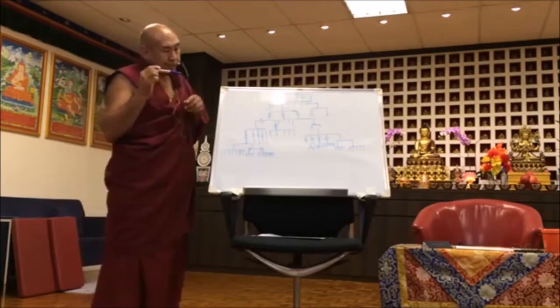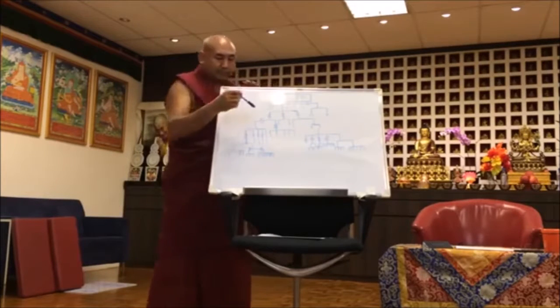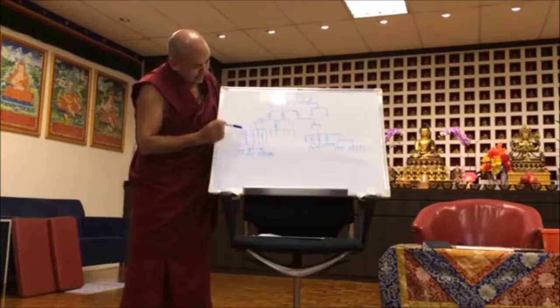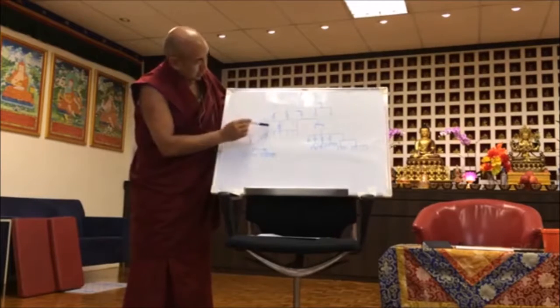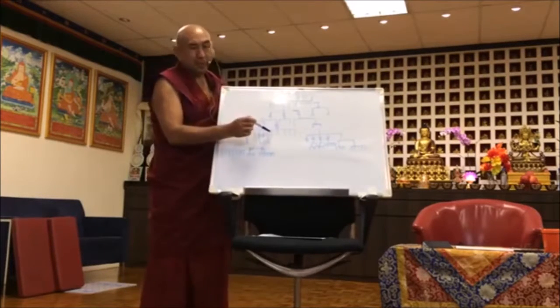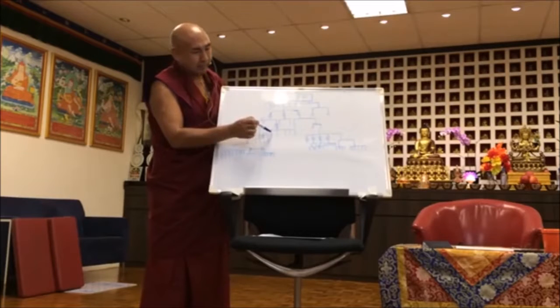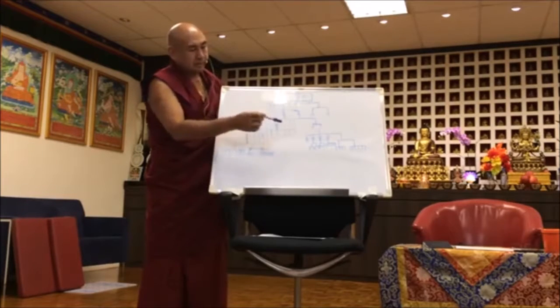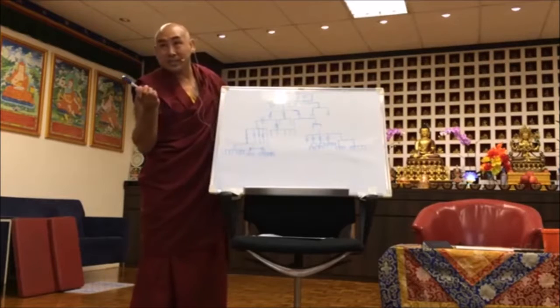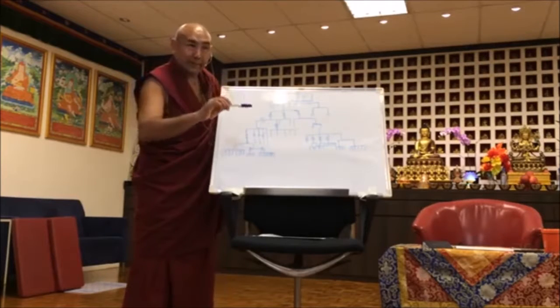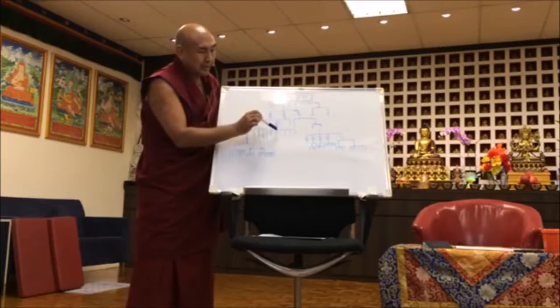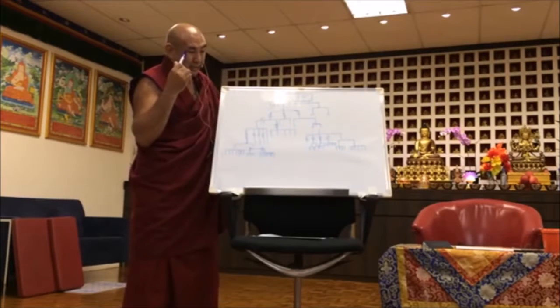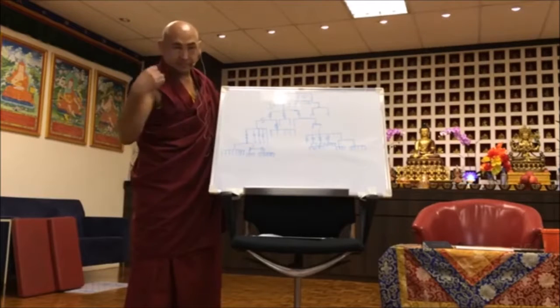So within the internal matter, there are 5 aggregates, or 5 faculties. The 5 faculties we call internal matter: eye faculty, ear faculty, nose faculty, tongue faculty, and body faculty.